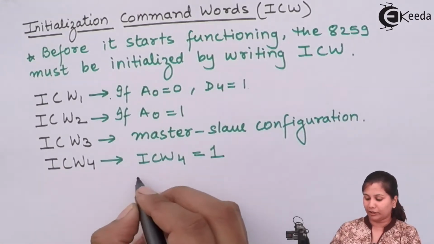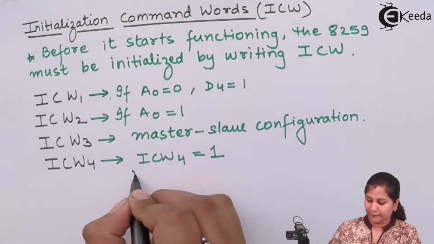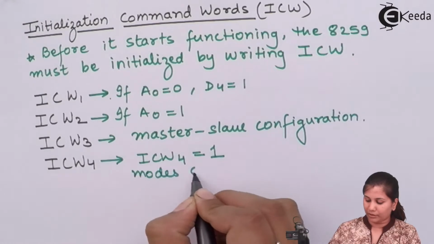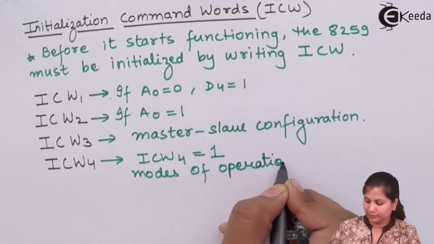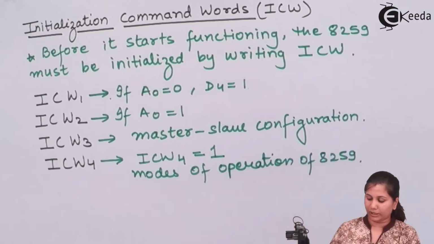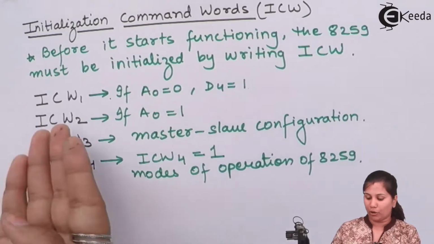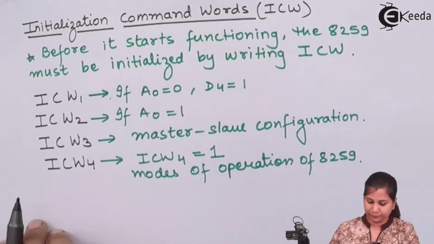And this command word decides the various modes of operation of 8259. So this is just a small introduction about the four initialization command words. We will see the control word format for all these four command words.